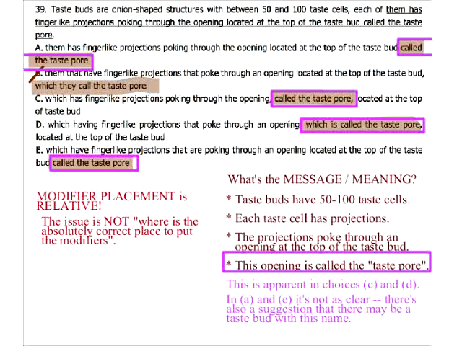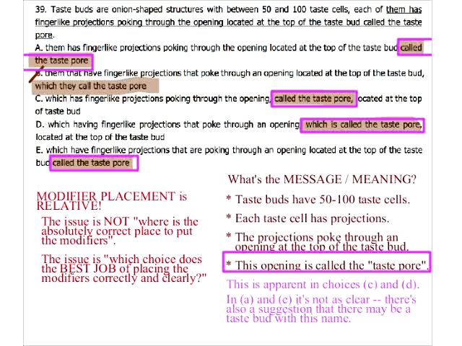Instead, the issue really is which choice does the best job of placing the modifiers correctly and clearly. It's relative. You're just judging the choices against the other choices. You're not judging absolutely here. So in that sense, we can tell that A and E are worse than C and D. Okay.